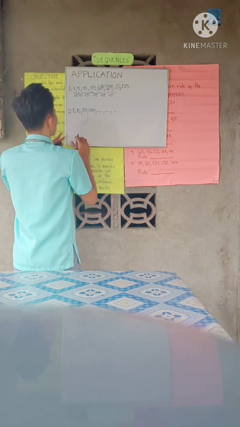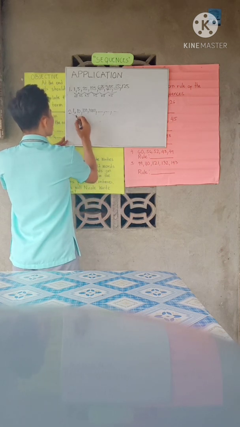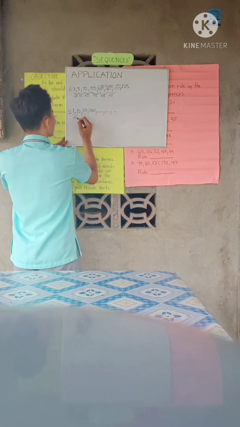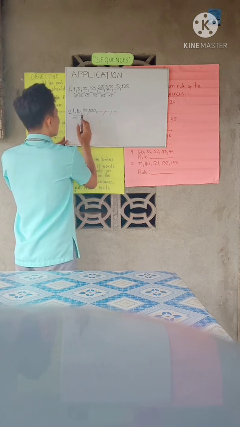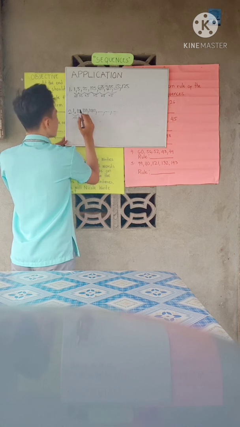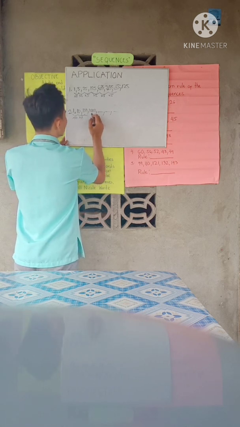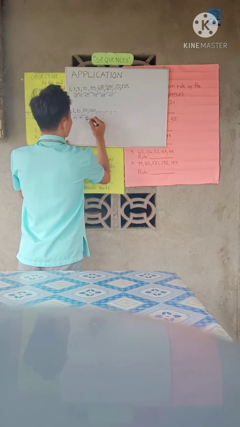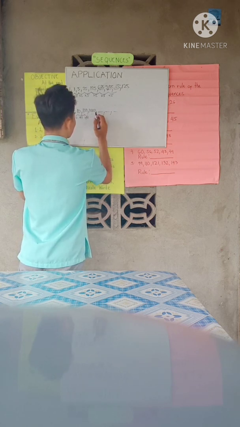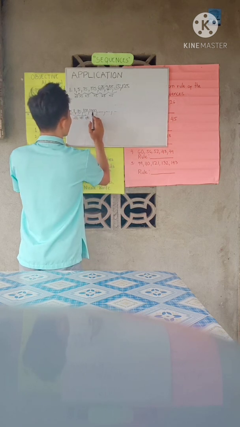Number 2. 1 times 10 equal to 10. And 10 times 10 equal to 100. And 100 times 10 equal to 1,000.